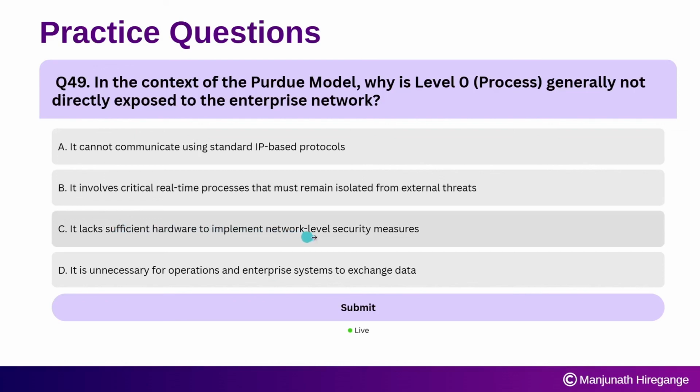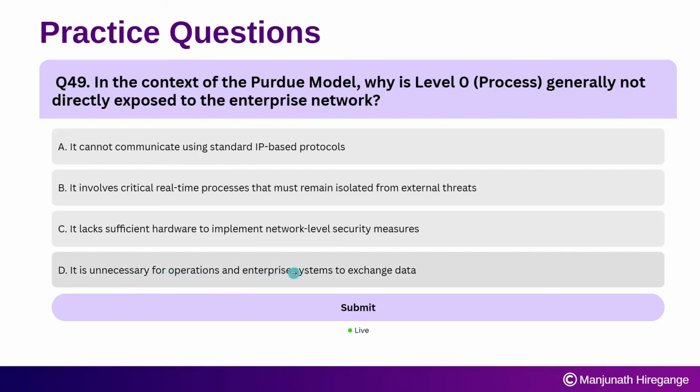Option C, lack of sufficient hardware to implement security. While devices at level 0 might have limited processing capabilities, network security is implemented through segmentation controls at the higher levels. So the lack of onboard security in level 0 devices is a factor, but not the primary reason for the isolation. And D, it is unnecessary for operations.